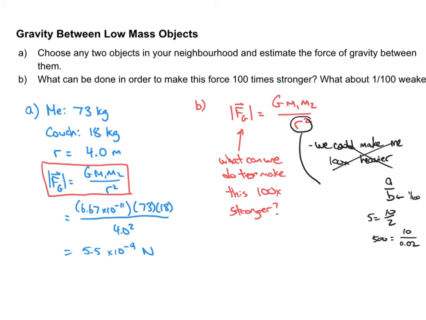So by making the denominator 1/100th as much, you manage to make the whole fraction 100 times bigger. So that's what we're trying to do here. We want to make r squared 1/100th as much.